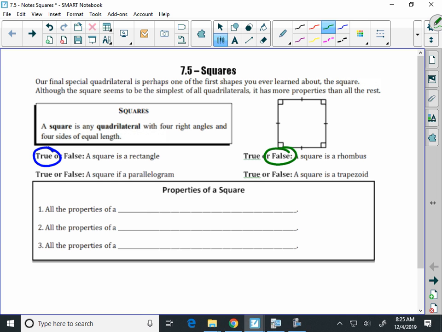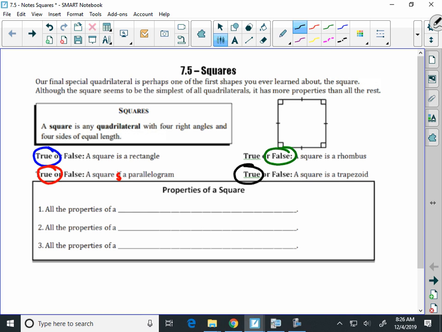A square is a parallelogram, and that's true. Parallelogram, definition, 2 pairs of parallel sides. And then a square is a trapezoid. Well, the definition of trapezoid is that we have to have at least 1 pair of parallel sides, and we do. So I'm going to go true on that one also.